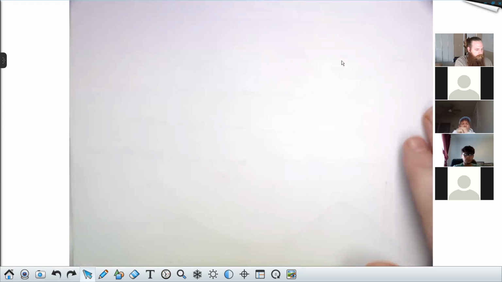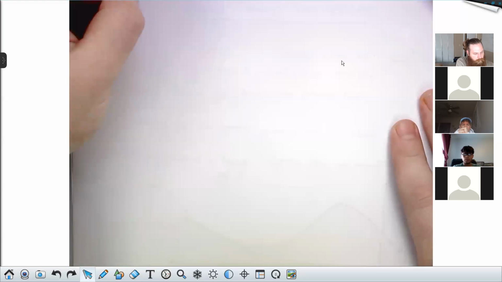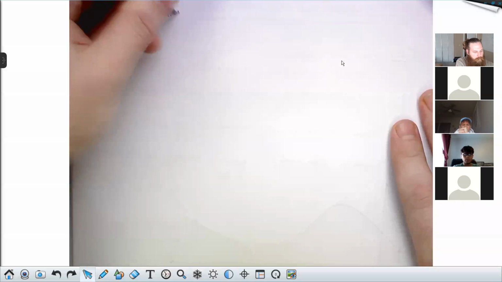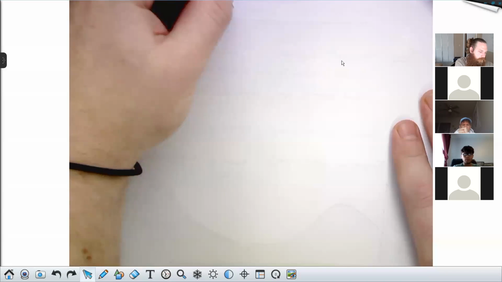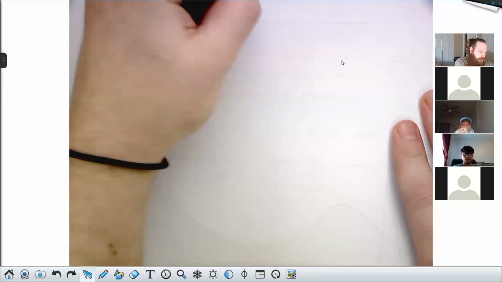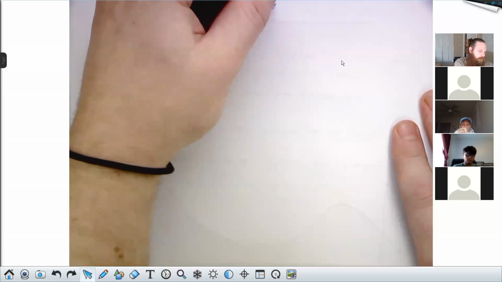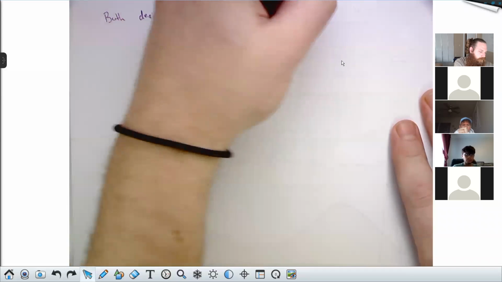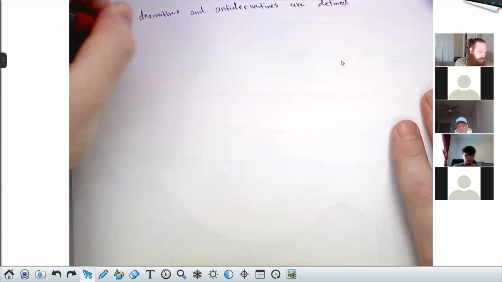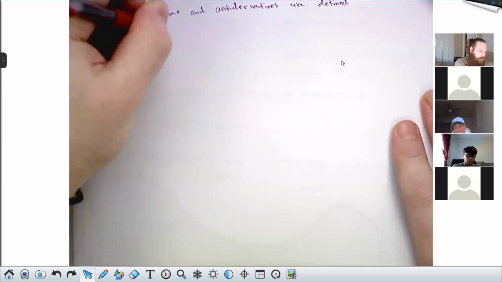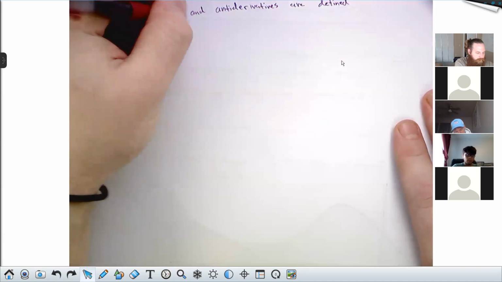Both derivatives and antiderivatives are described or defined in terms of what are called limits.